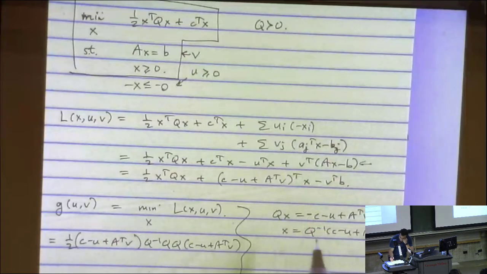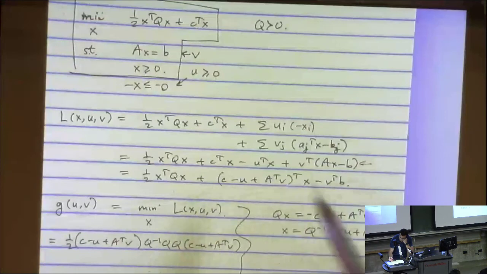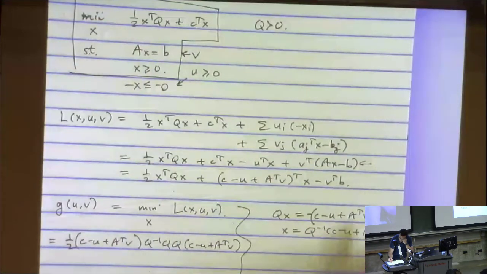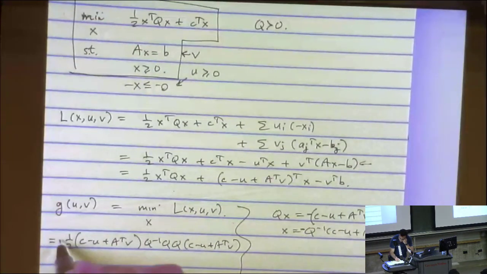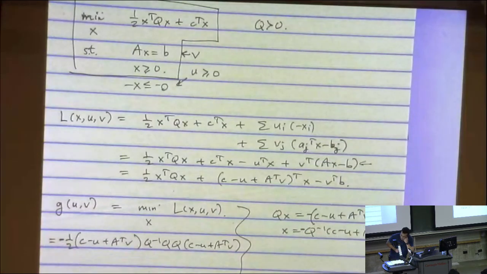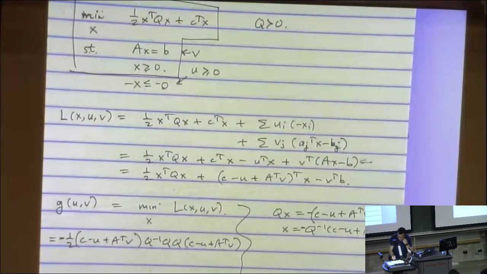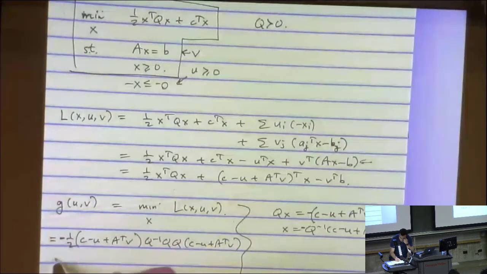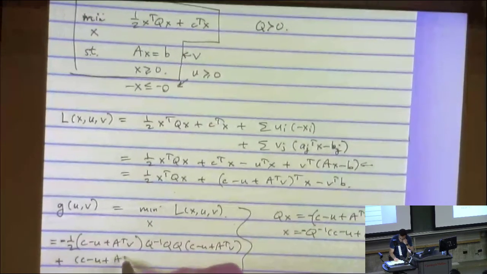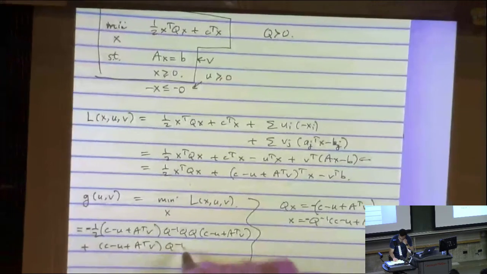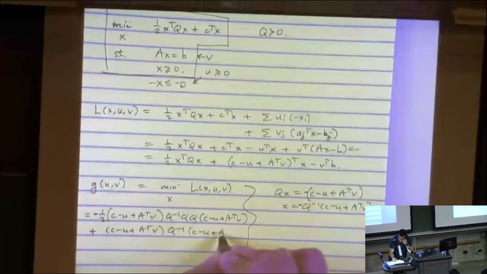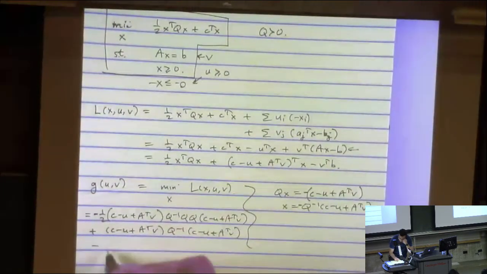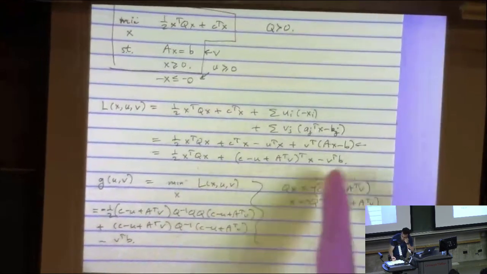If I set the gradient equal to 0, then Qx is equal to negative this. So I'm missing a sign. So this is actually negative 1/2 times this quantity. This term, (c minus u plus A transpose v) transpose x, that's just this guy. And I have minus v transpose b, that carried through.